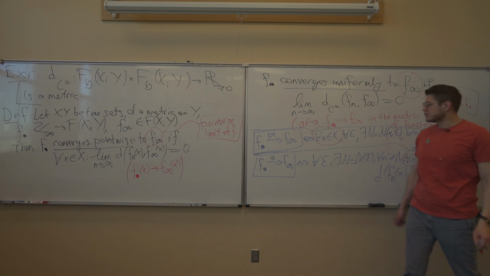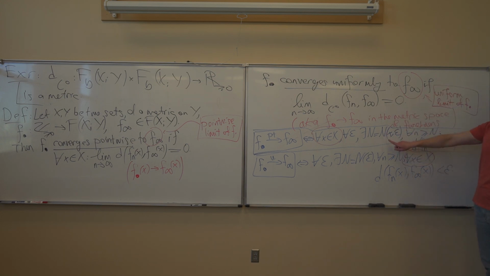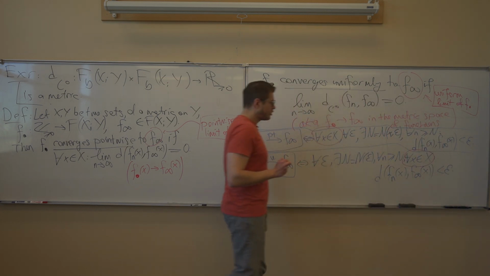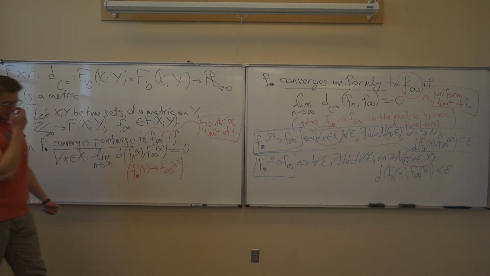Why the word uniform? Well, the idea is that in pointwise convergence, you have this time N that possibly depends on x. In uniform convergence, you again have this time N, after which you have this bound, but that works for any x. So this guy works uniformly in x. That's the idea. The same time works for all x.